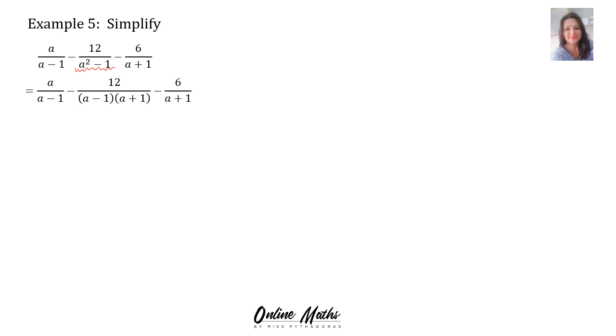Then your LCD, you must make sure that everything is included. So in this case, your LCD is a minus 1 as well as a plus 1. And then what you do is every term you will multiply with what it needs so that its denominator can become the LCD. So the first term, a over a minus 1, you're going to multiply with a plus 1 over a plus 1.